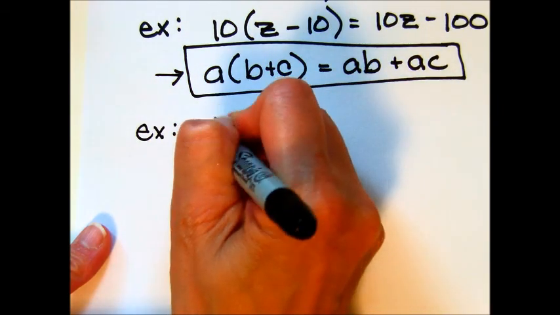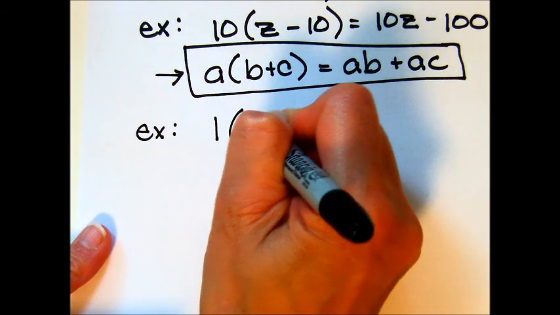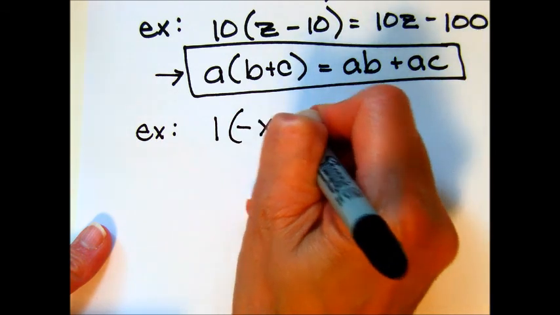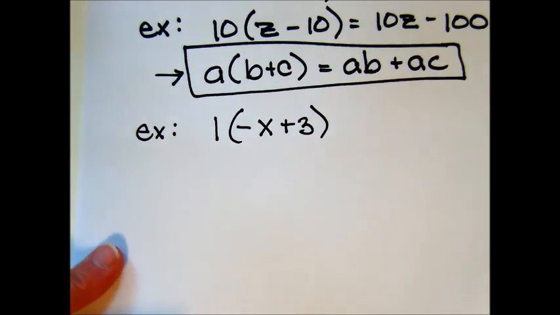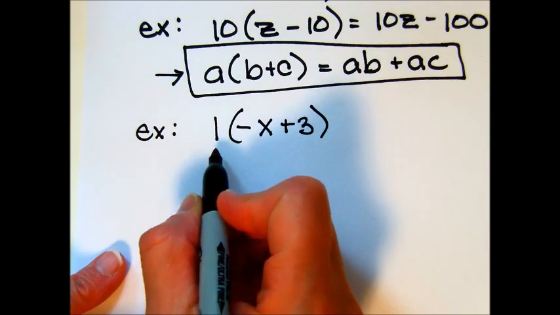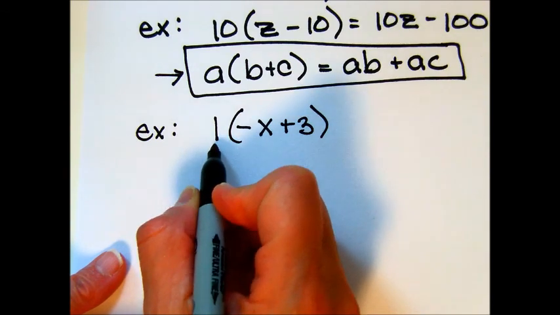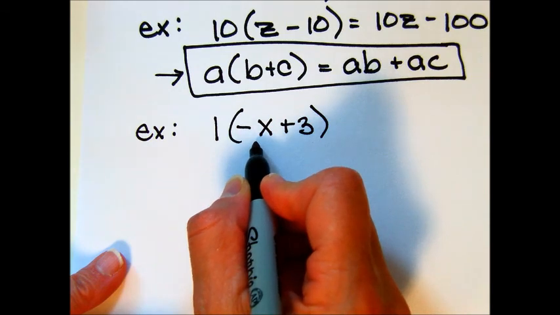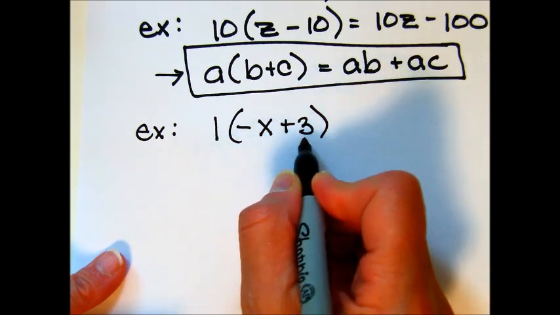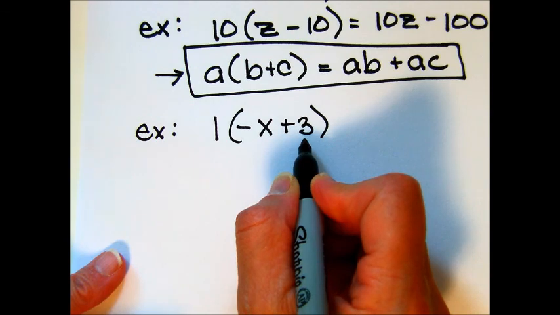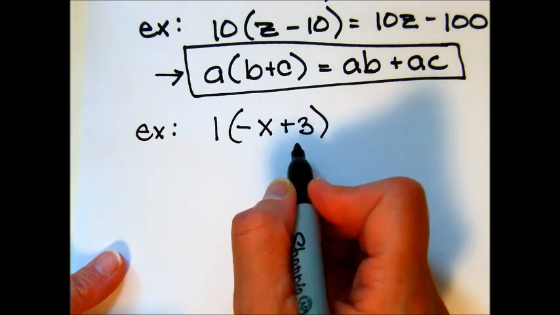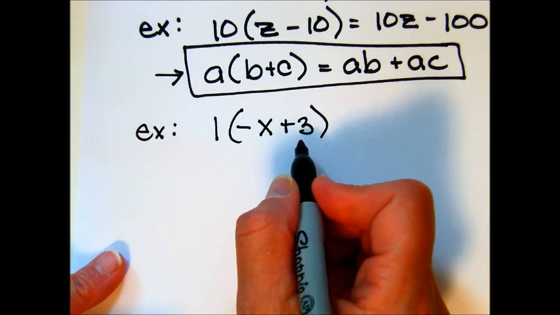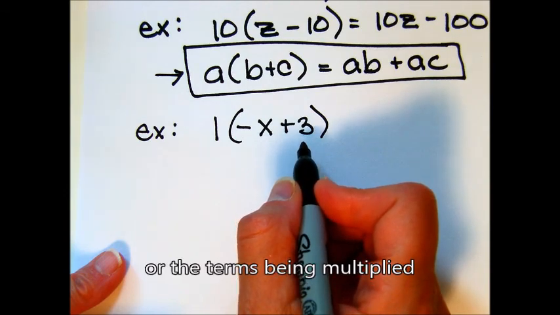Let's say we have 1 times negative x plus 3. So we're going to multiply this positive 1 to a negative x, and then multiply the positive 1 to a positive 3. Notice I'm talking about positives and negatives. So you want to keep an eye out for the sign of the factor that you're multiplying.